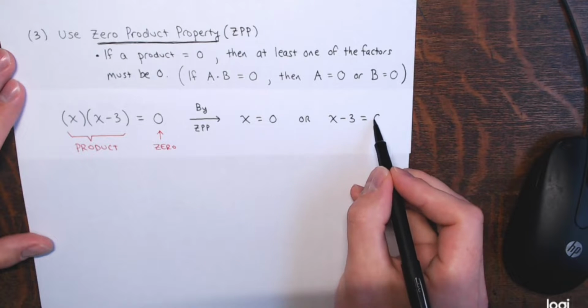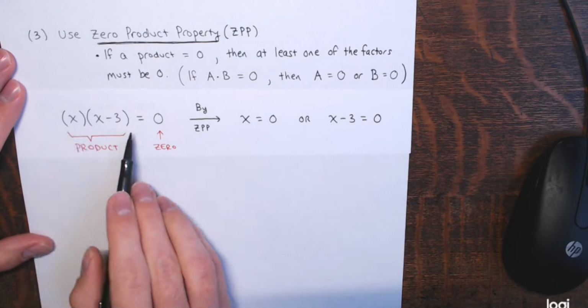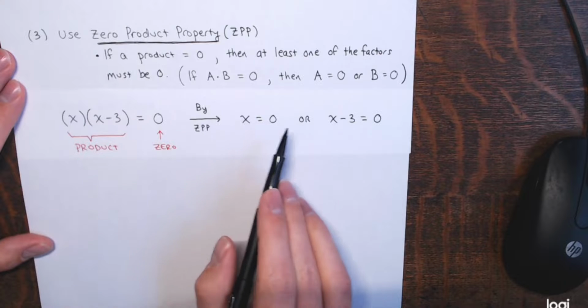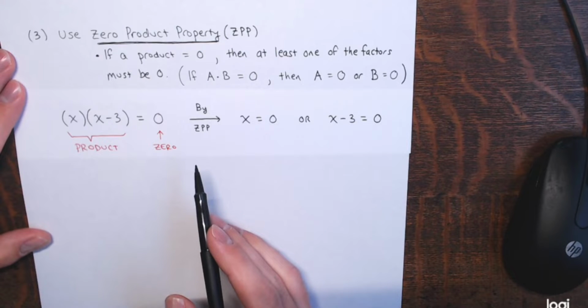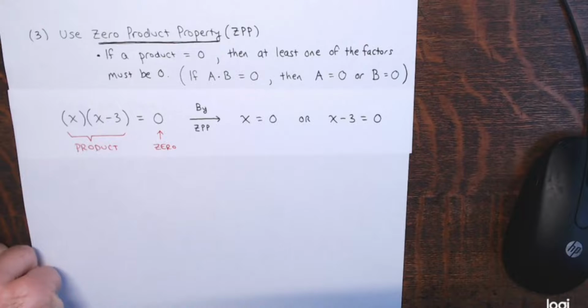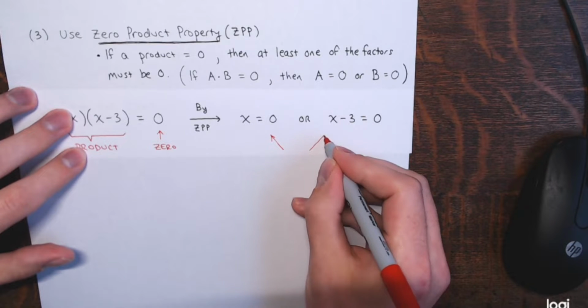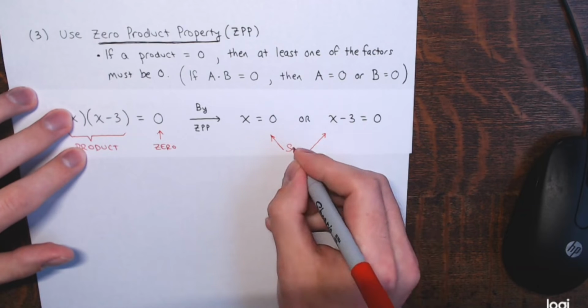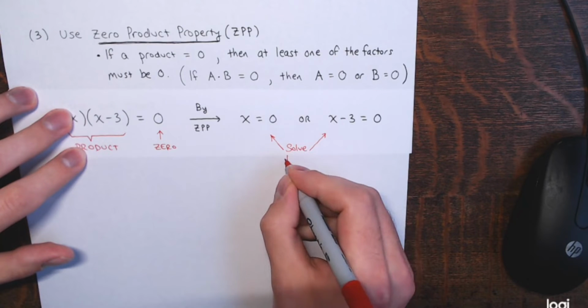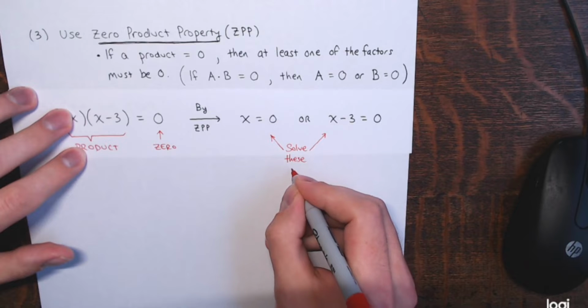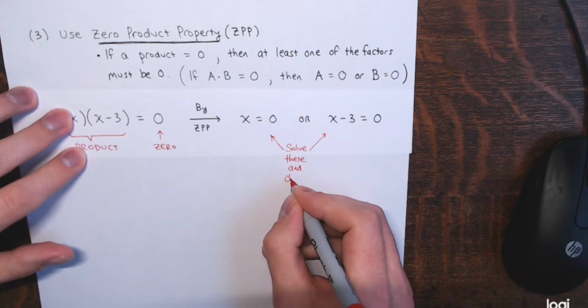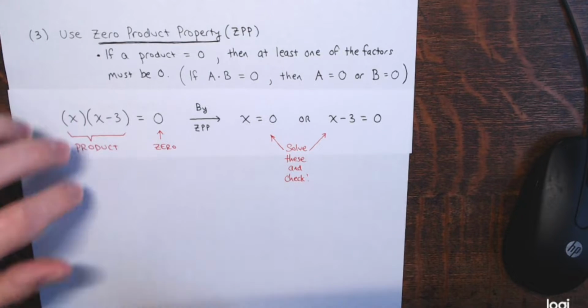You see what happened here: we took one equation and split it up into multiple equations. And then comes the last step, where we take each of these separate equations, solve each of these, and check our solutions back in the original equations, of course. Solve these and check.